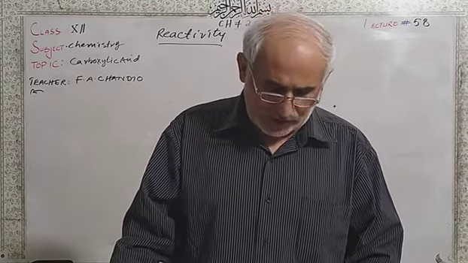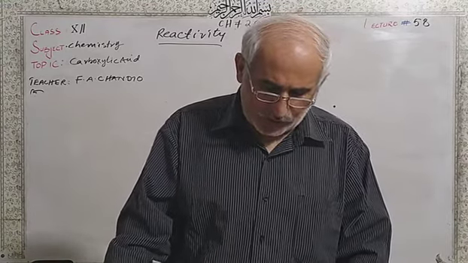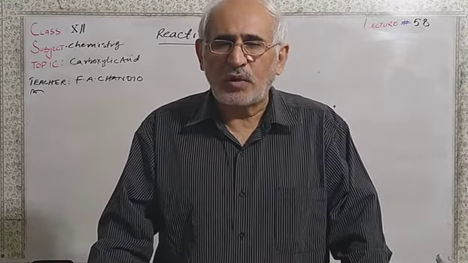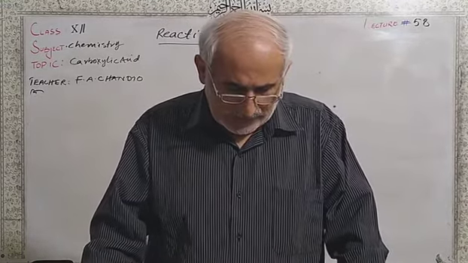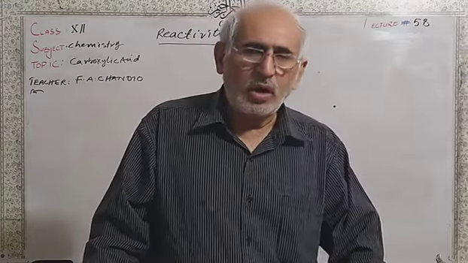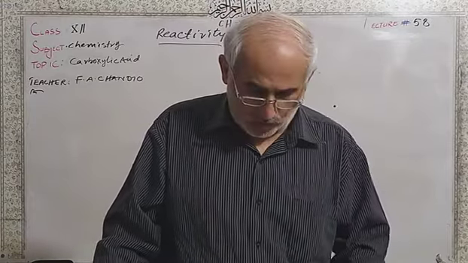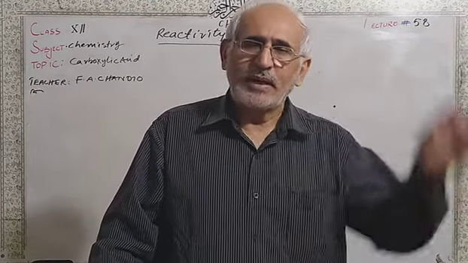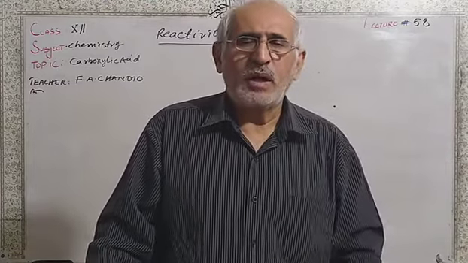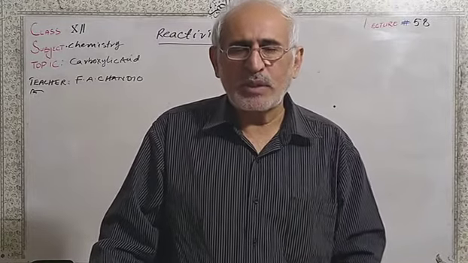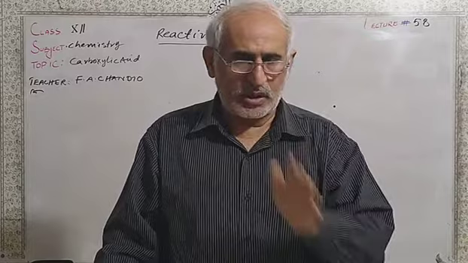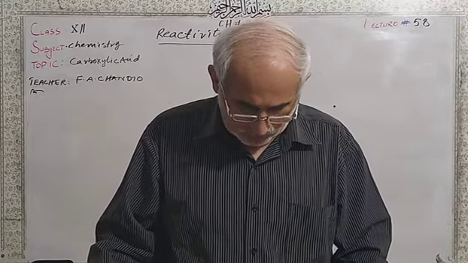One is the reaction in which the hydrogen atom of the carboxylic acid is involved, that is salt formation. Second, the reaction in which the whole OH group is replaced by another group. And third, the complete carboxylic acid group, the whole COOH group, is involved.